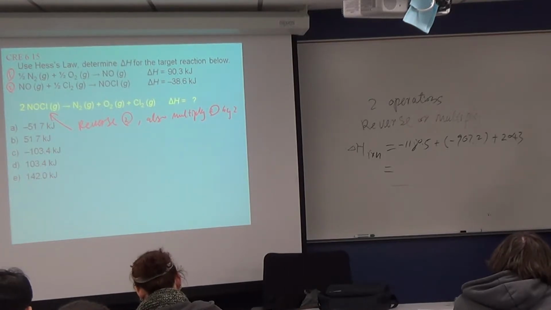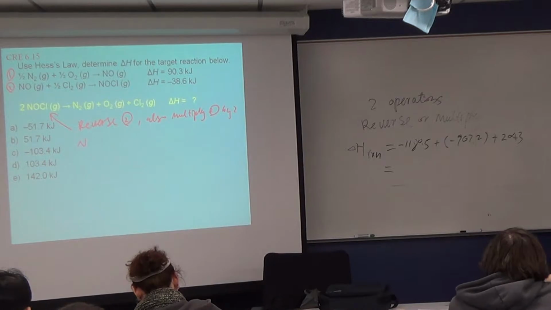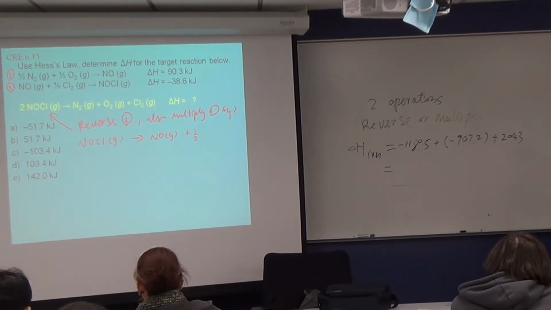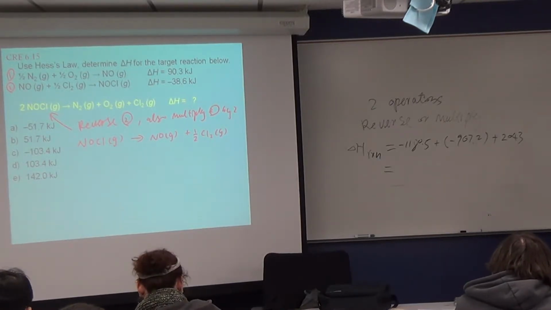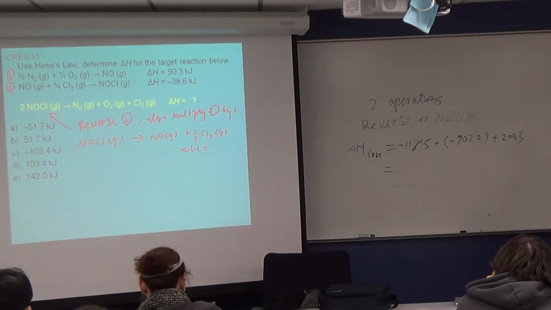Right, now let's do one thing first. Let's do the reverse first. If I do the reverse, I will get NOCl gas produces NO gas plus half Cl2 gas. This is simply the reverse, right? But we said we also have to multiply that by 2, right? Now if you simply reverse this, this delta H will equal to what?